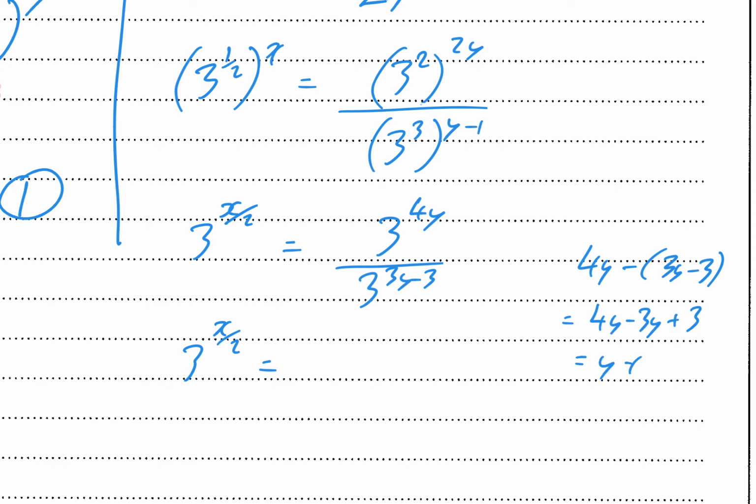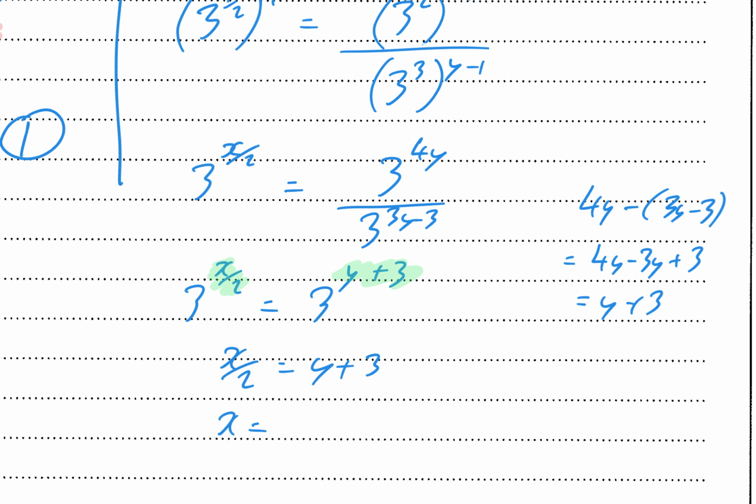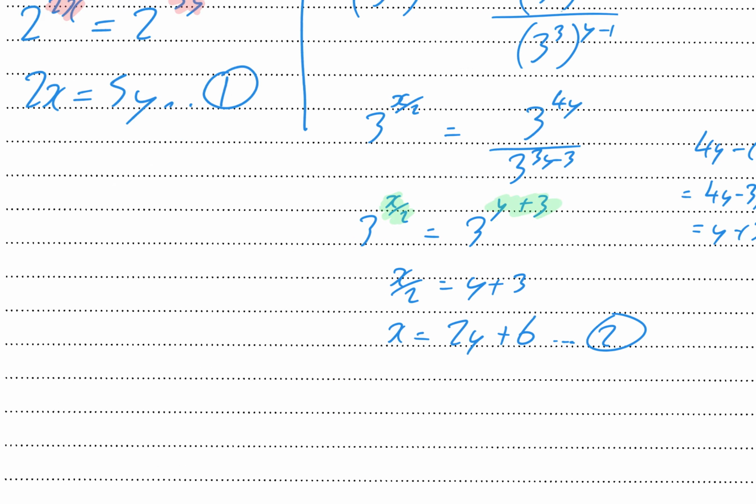That's going to be y plus 3. And so you're going to have 3 to the power of y plus 3. Again, bases are the same. That means the powers must be the same. So these two things must be the same. So that gives you x over 2 is equal to y plus 3. Multiply across, then x is equal to 2y plus 6, and that's my equation 2.